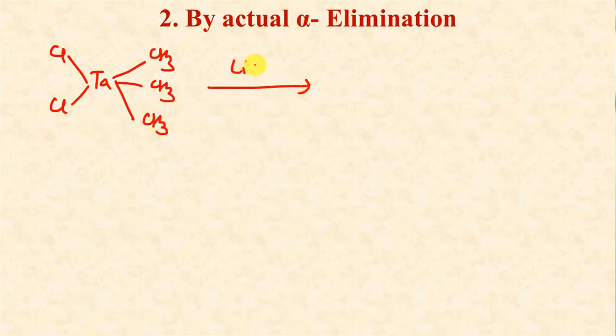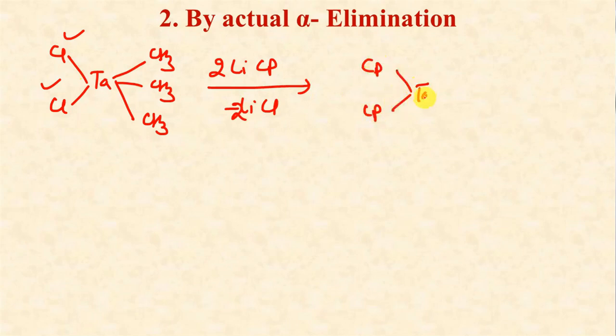Again LiCp, because now we are using cyclopentadienyl, we can replace both these Cl substituents, with minus 2 LiCl, and they will be substituted by Cp. So Cp, Cp with Ta, and now we have CH3, CH3 and CH2, with one H written separately.